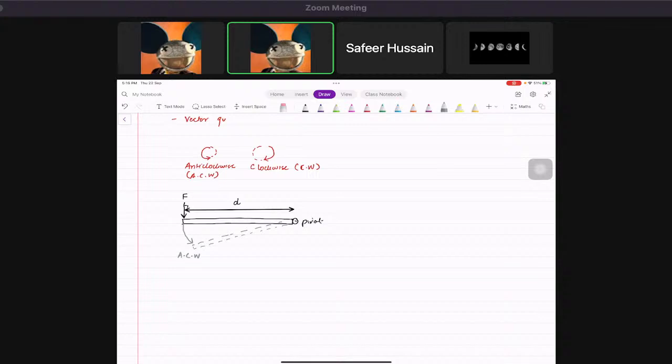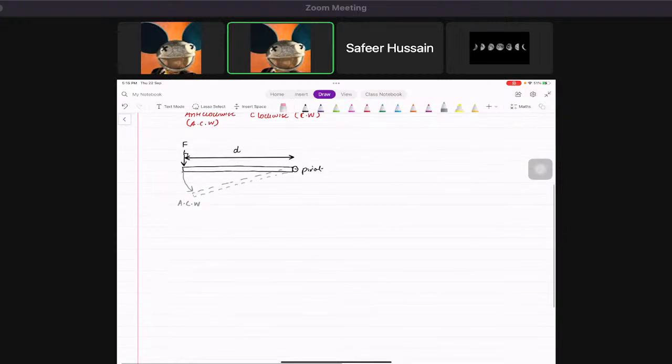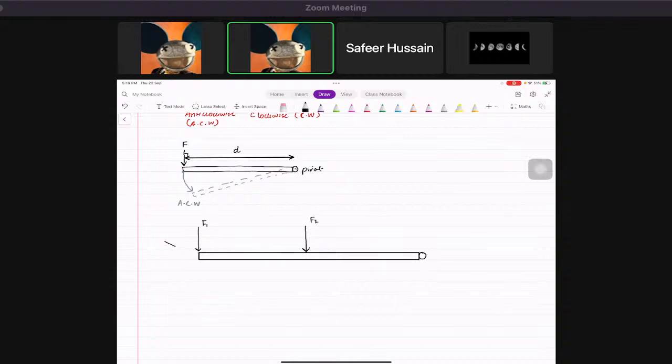Alright, now the important thing here is that if I draw the same thing and put different forces, so if I put one force here, let's call this F1, one force in the middle, let's call this F2, one force at an angle theta, let's call this F3, and one force exactly like this, let's call this F4.